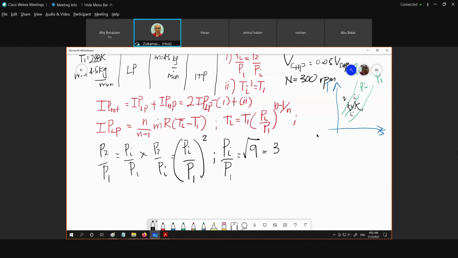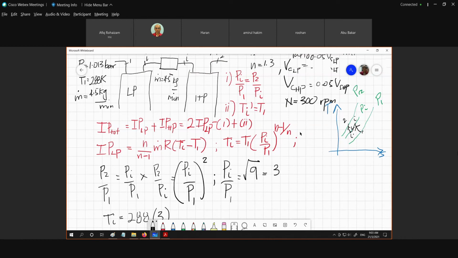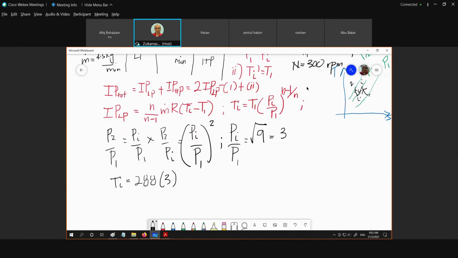Okay, so from here kita dapat Ti. Ti is equal to T1 adalah 288 kali dengan 3. Gandaan berapa? Gandaan berapa kita punya N value tadi? The N value is, let me see, 1.3. Okay, using this formula, this is 0.3 divided by 1.3. Can someone please calculate for me? How much is that?